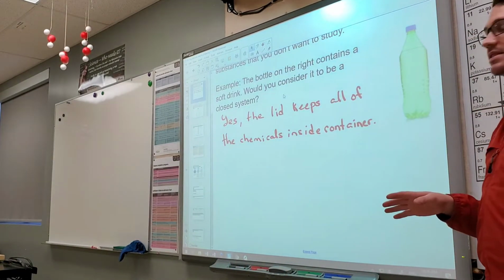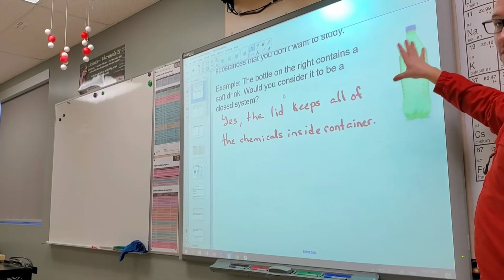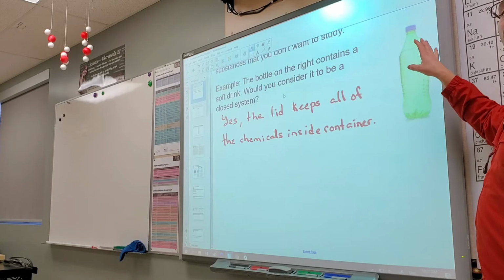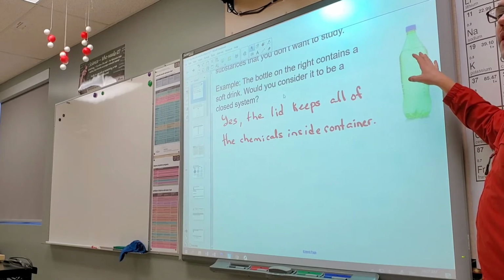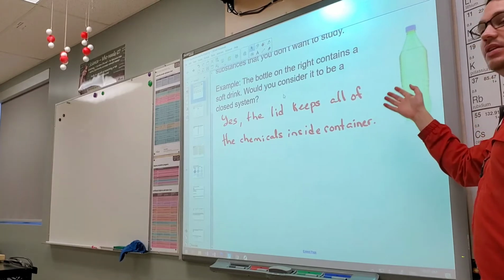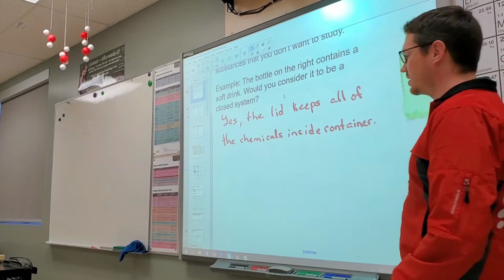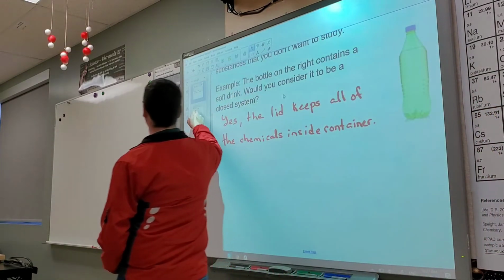An isolated system is where matter cannot exchange, so it's a lot like a closed system, but energy can't be exchanged as well. You can't add energy and you can't take away energy. This is not an isolated system. We'll talk about isolated systems a little bit later on.